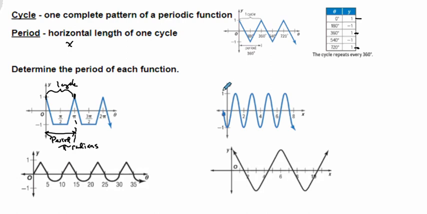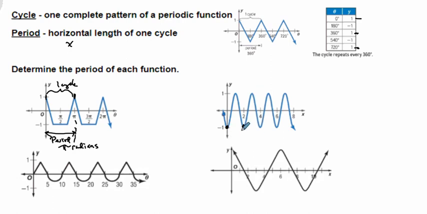So this one, I would say you can start from wherever you want. I think it's usually easiest to start at a benchmark for y, so 0 or 1 or something where it's easy to see where it resets. So we're going to go from here, and then it looks like once you get here, it does the same thing. So it goes up and then comes all the way down and stops, right? And it goes up, comes all the way down and stops. So it does the same thing.